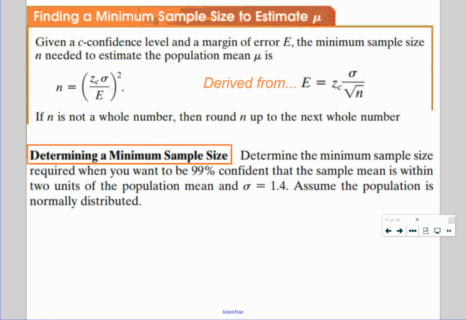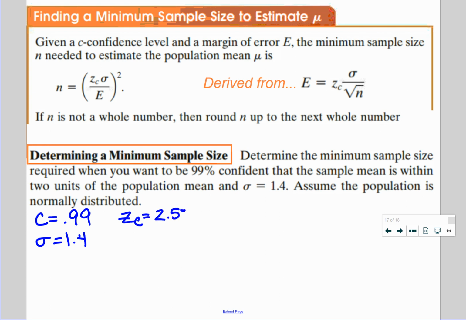So it says here we're going to determine the minimum sample size. If you want to be 99% confident that your sample mean is within 2 units of the population mean, and then you've got a standard deviation of 1.4. All right, so what is my C value here? 0.99. Standard deviation we were given 1.4. If the C value is 0.99, what's that critical value that goes along with it? 2.575.